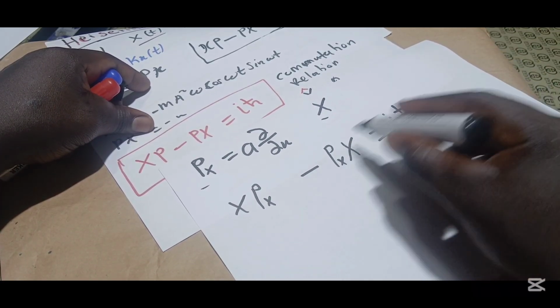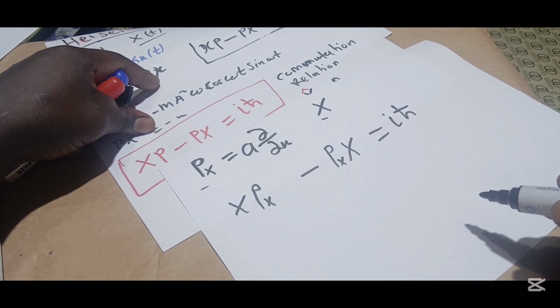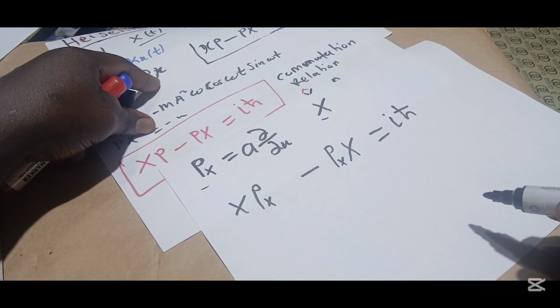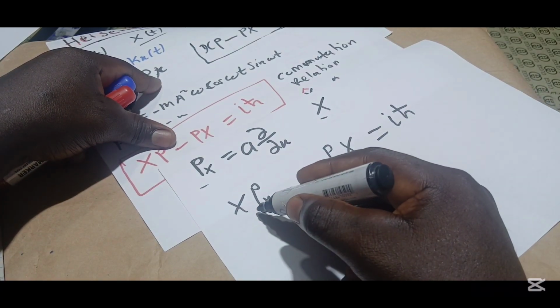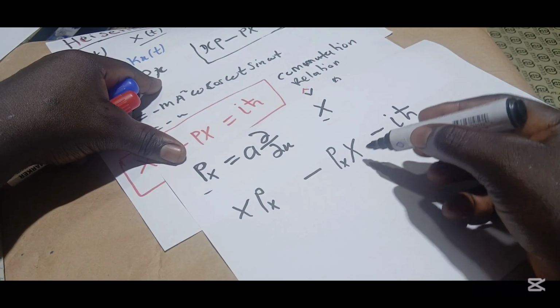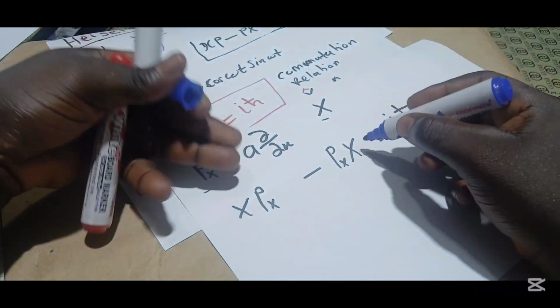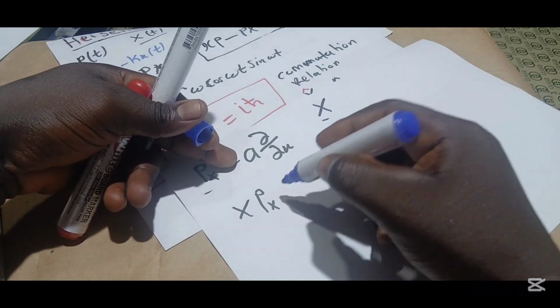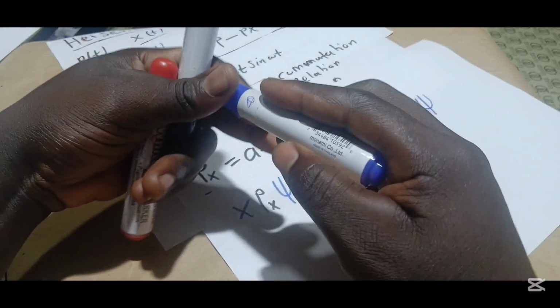Heisenberg is saying this shouldn't give us zero. And we know that quantum mechanics describes physical quantities as operators acting on a wave function. So let's say these are operators, the first term and the second term. They should be acting on a wave function, which we know has some information.